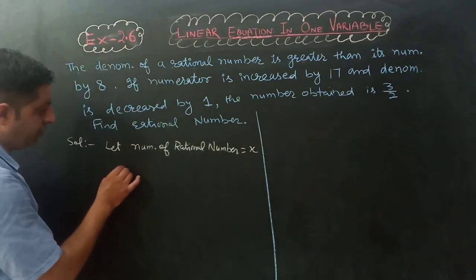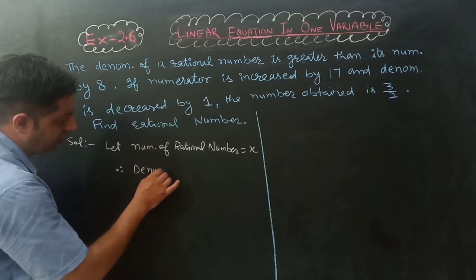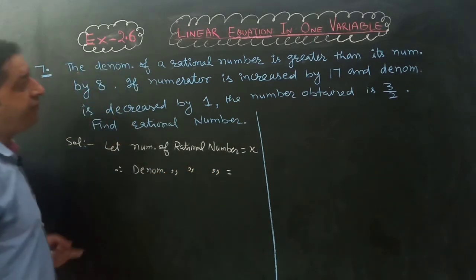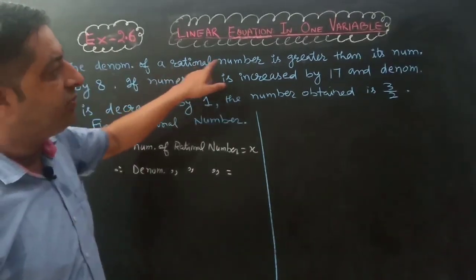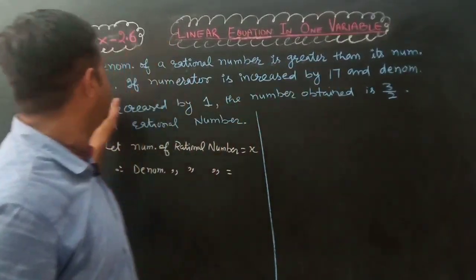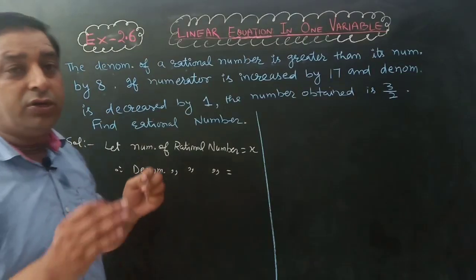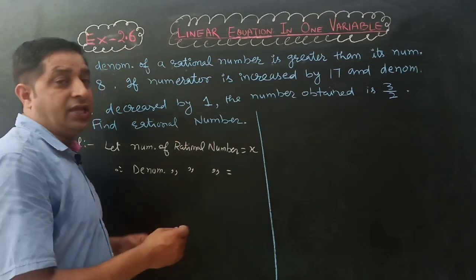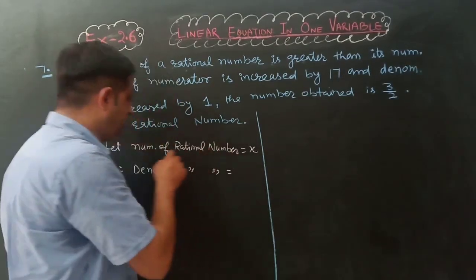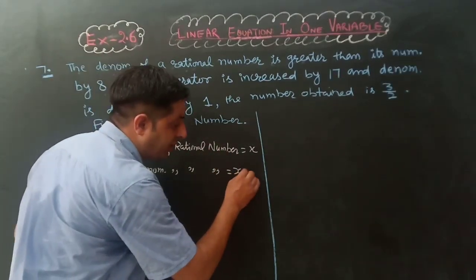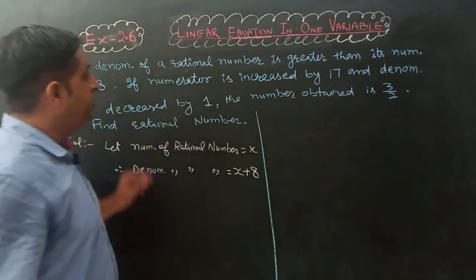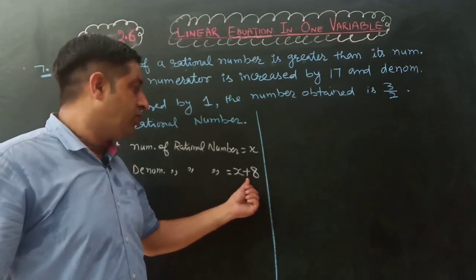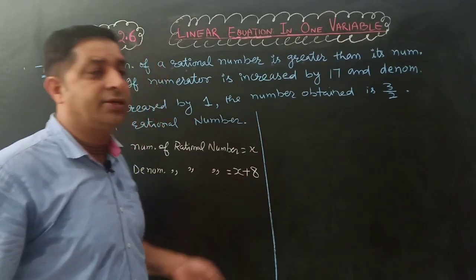Therefore, the denominator of the rational number, now read the first line: the denominator is greater than its numerator by 8, meaning 8 more than its numerator. More means plus, so the denominator is x plus 8.